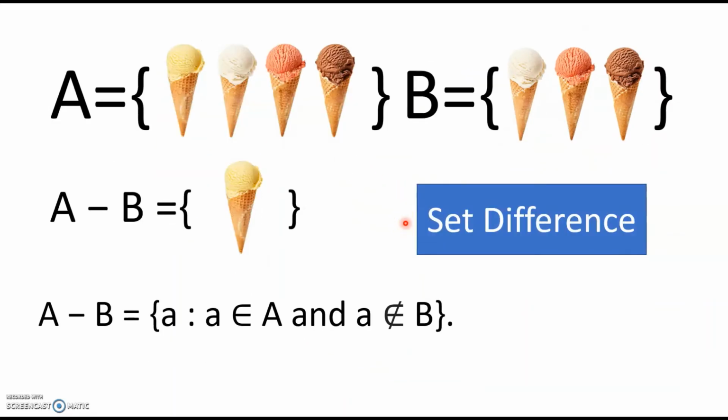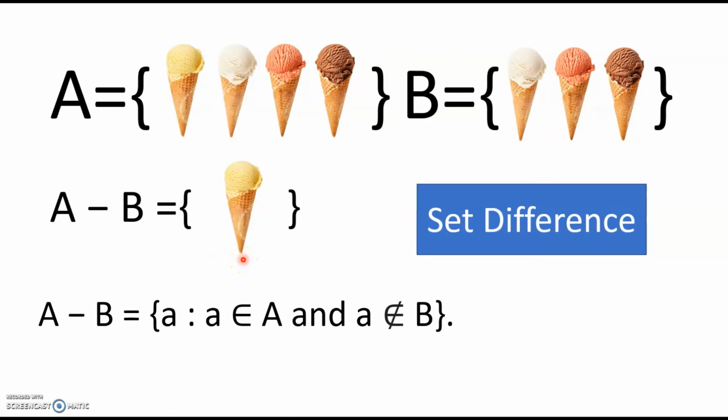Let's see what is set difference. We have two sets, set A that has 4 ice cream cones and set B which has 3 ice cream cones. You can see that these 3 ice cream cones are common to both the sets, whereas the butterscotch is standing alone in set A and is not common to B. So when you subtract B from A, you will eliminate these 3 ice cream cones and you will end up with just this one ice cream cone, right?